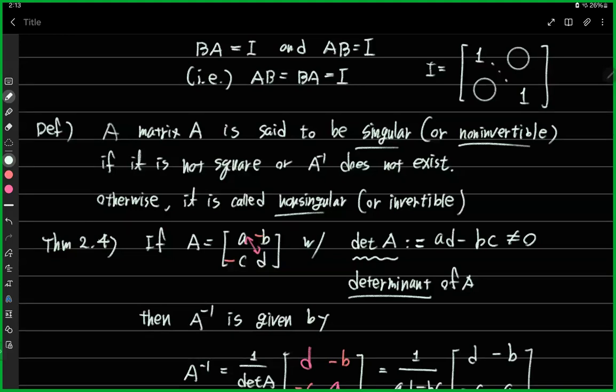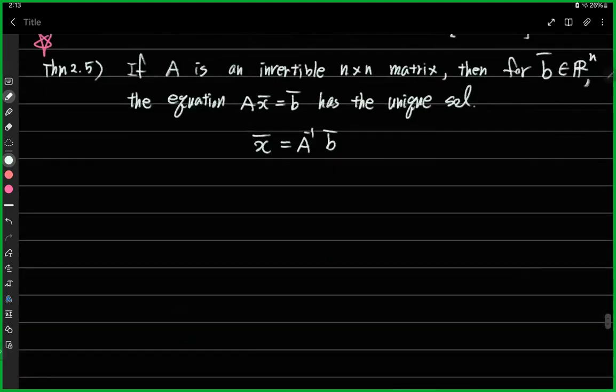Okay. So here's a proof. The proof is really simple. Let's say B bar is in R^n space. We're going to show that a solution exists, because this one has a unique solution, right? To show the uniqueness, we have to show the existence first and then the uniqueness. So here's the strategy. First one is existence.